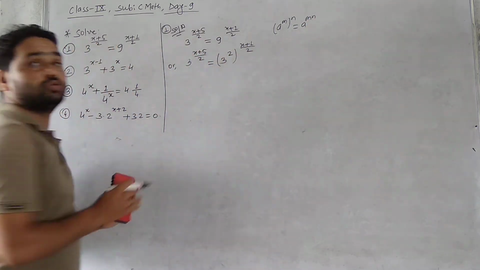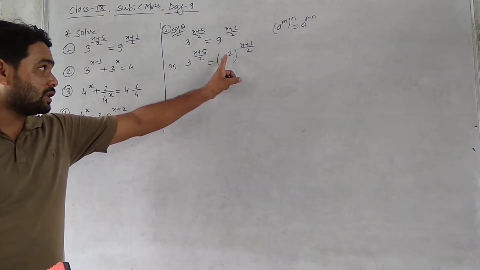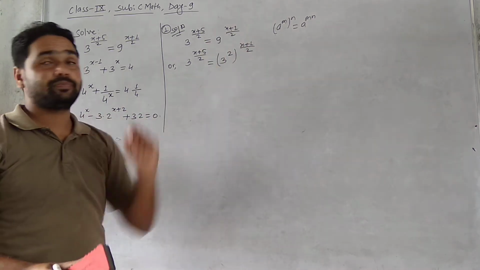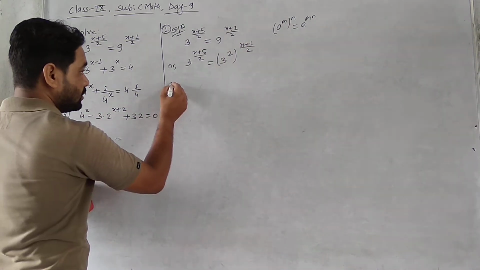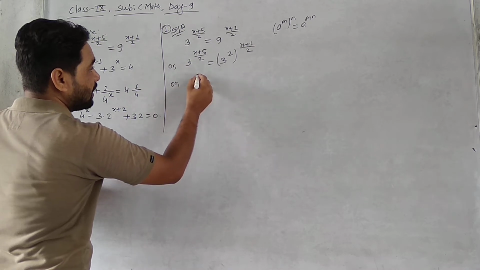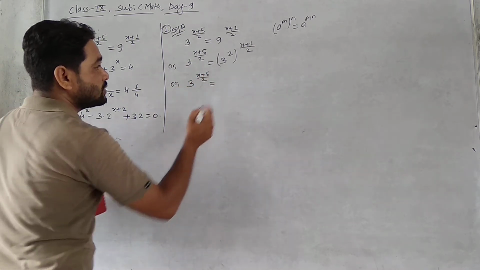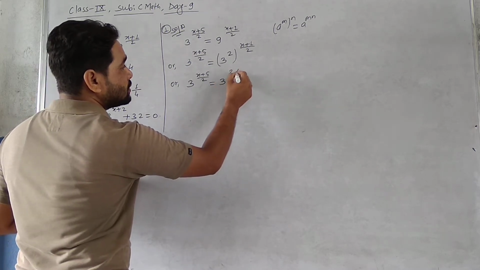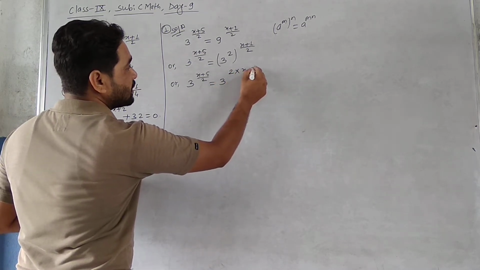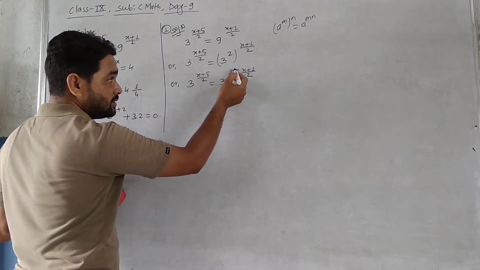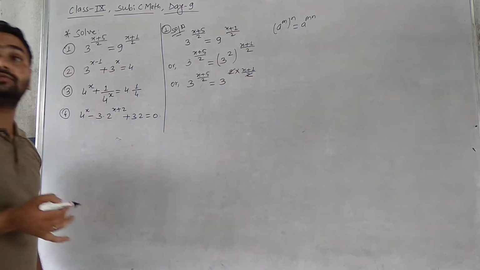Now we do that here: this 2 is also the power of 3 and whole power x plus 1 by 2. So let's multiply them. We get 3 power x plus 5 by 2 equals 3 power 2 into x plus 1 by 2.